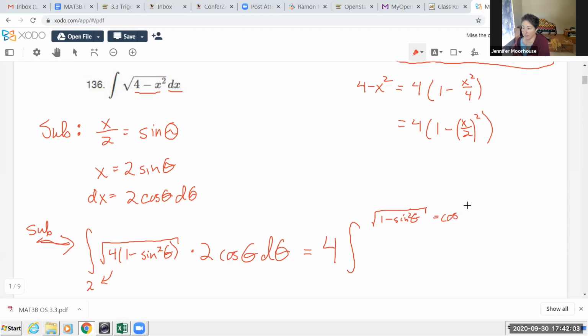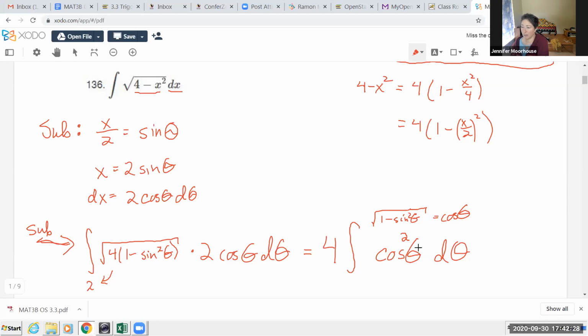That's equal to cosine of theta. So we have a cos theta from this square root, and then we have this other cos theta here, so that gives us cosine theta times itself, cos squared theta d theta.